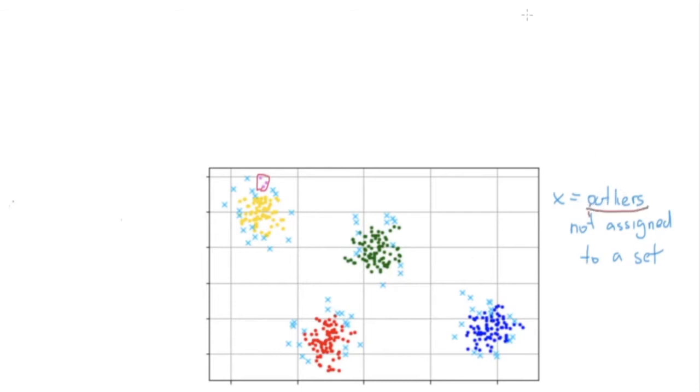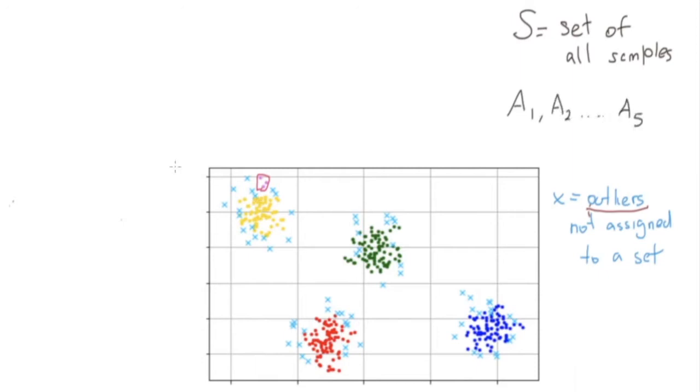So let's say that S is the set of all samples, and then we have 5 sets, purple, yellow, green, red, and blue, and we'll just call them A1 to A5.